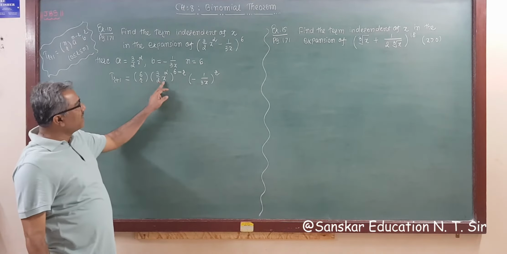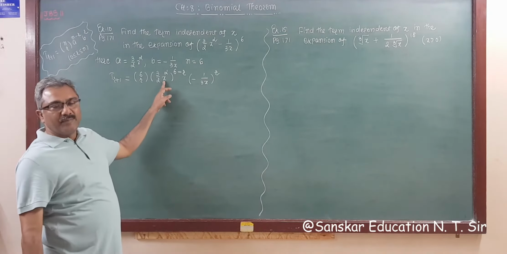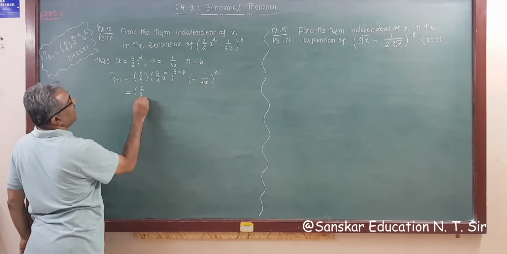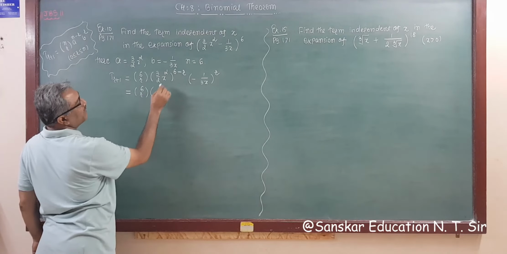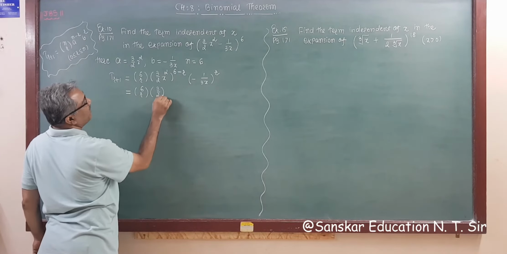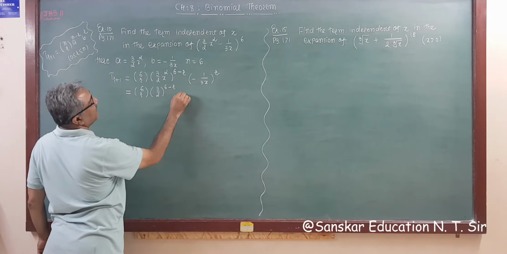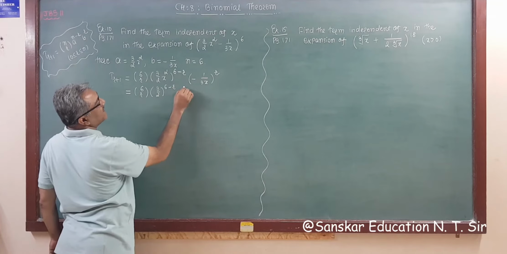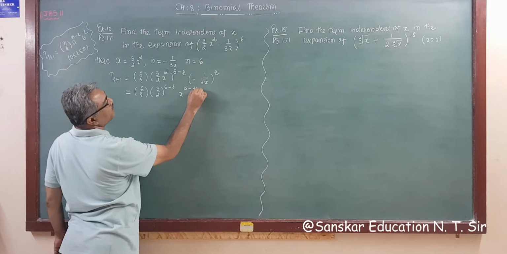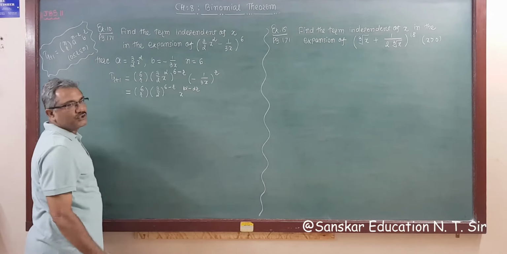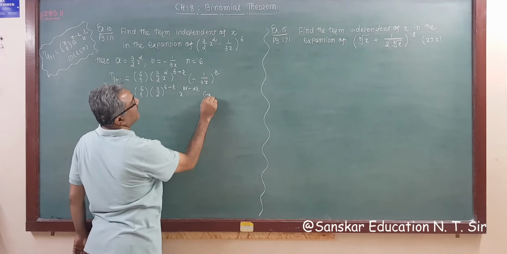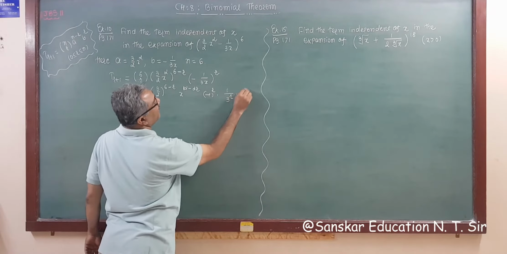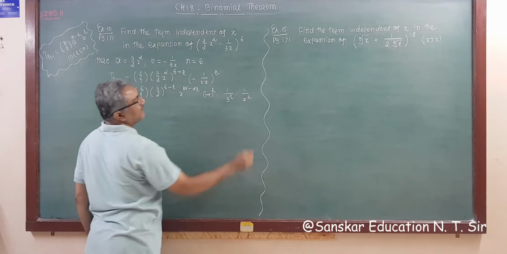So separating all terms, that is the constant part and the power of x part, this becomes 6Cr, 3/2 raised to 6 minus r, x raised to 2 into 6 minus r, that is 12 minus 2r, then minus 1 raised to r, 1/3 raised to r, and 1/x raised to r.